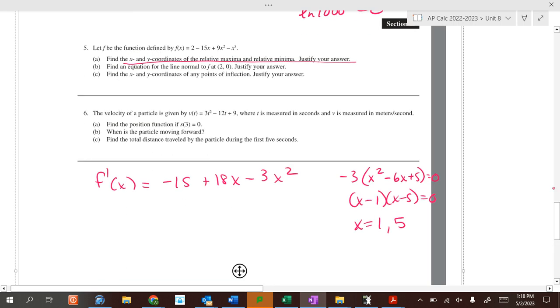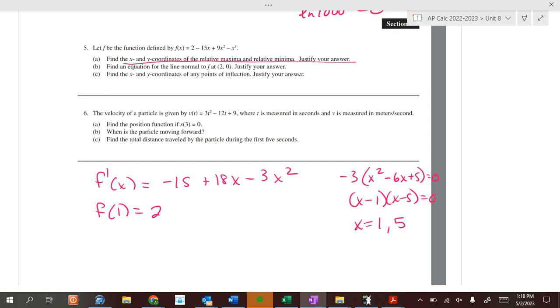So then if you plug them into the original function, f of 1 equals 2 minus 15 plus 9 minus 1. 2 minus 15 is negative 13. Plus 8 is like a negative 5.